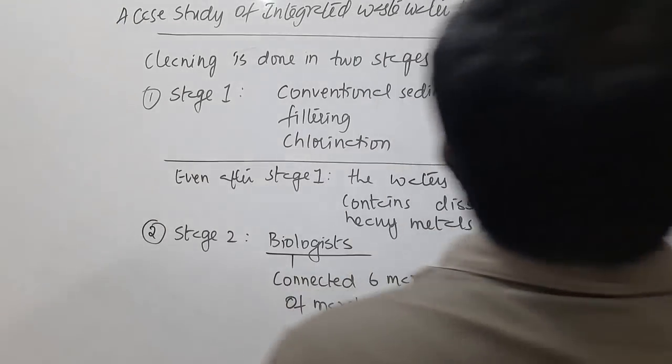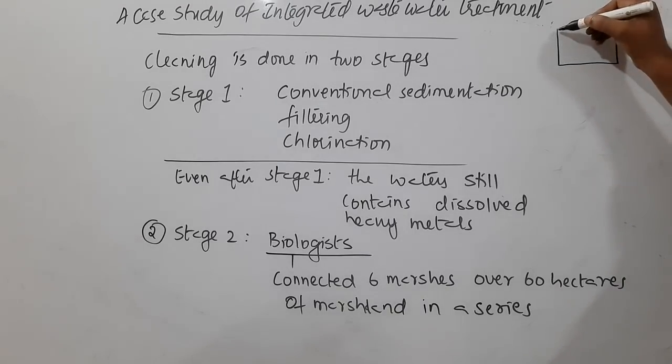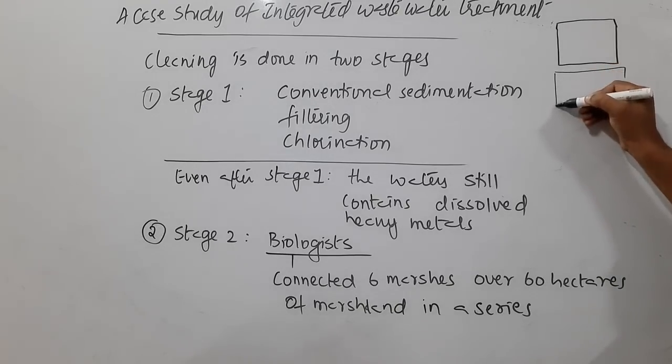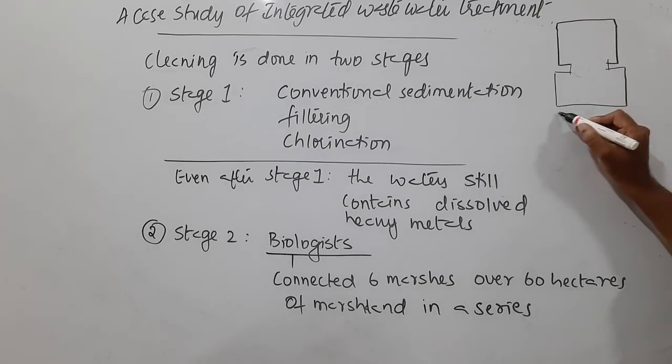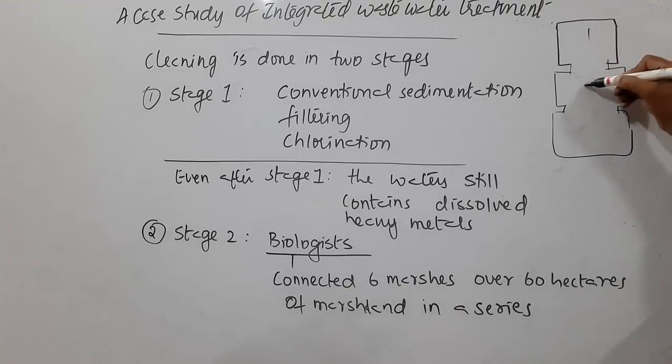Here I'll show you. We can see these have been connected. Roughly I'm showing the six different marshes that have been connected. One, two, three, four, and so on, in a series they have connected these six marshes.